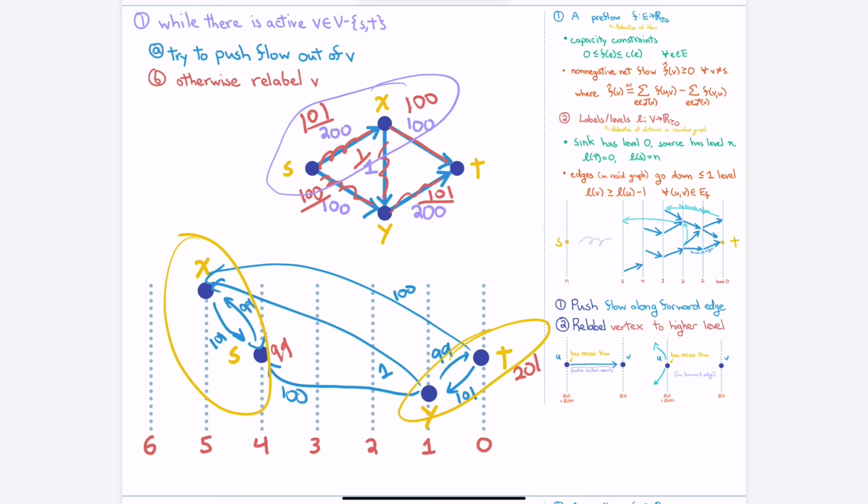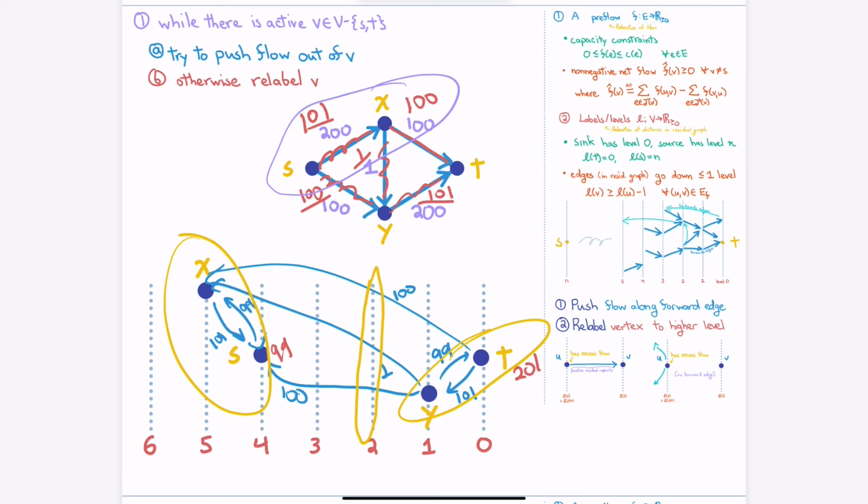And I know that there's no forward edge that can jump 2 layers, right? So if I just look at this empty layer here, just the existence of an empty layer, right?